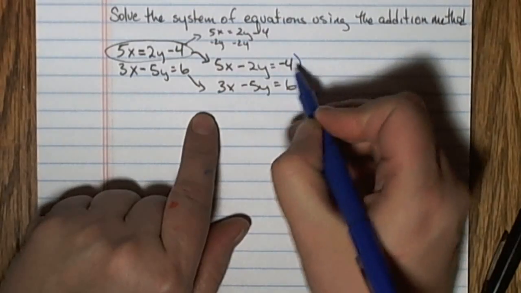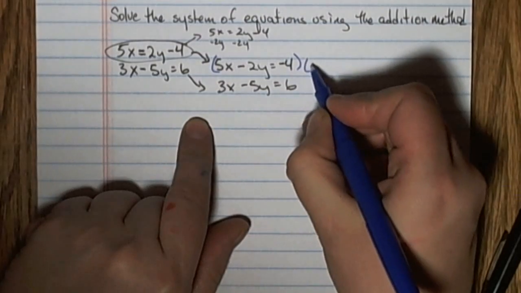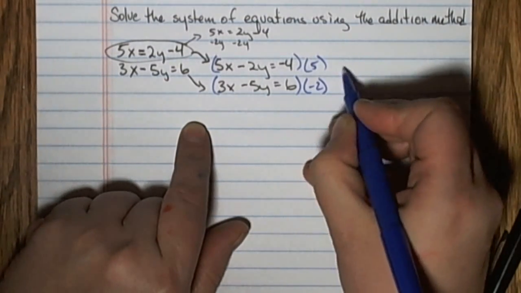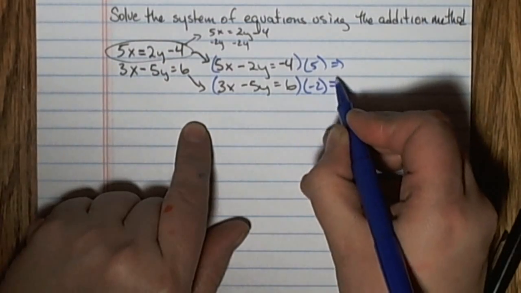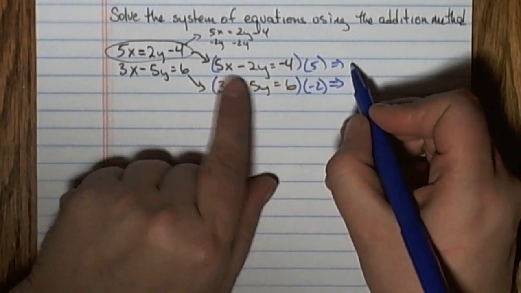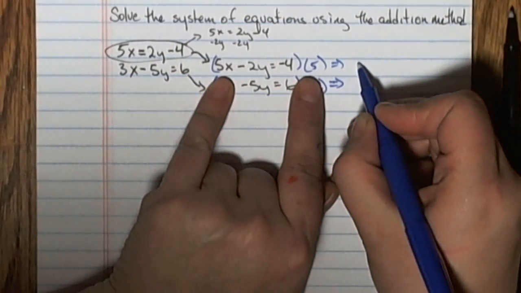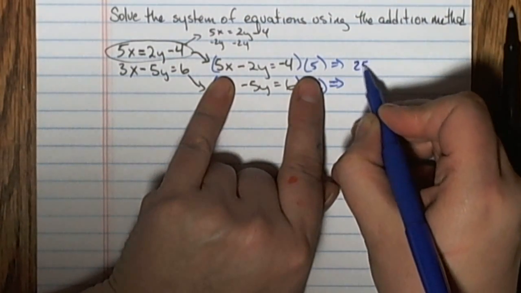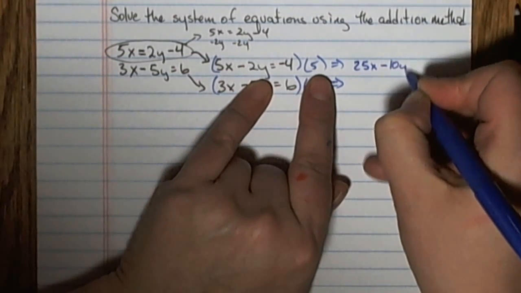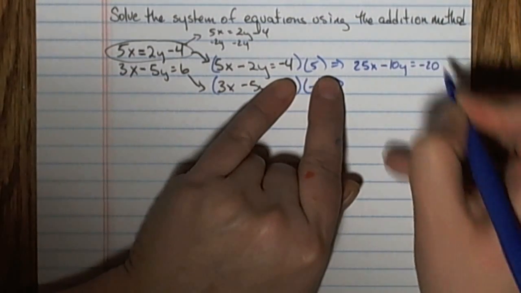Okay, so I will do that. I'm going to multiply the top equation by 5 and the bottom equation by negative 2. And again, I am really multiplying each side of the equation by that 5. So I have 5 times 5x, 25x, minus 10y equals negative 20.